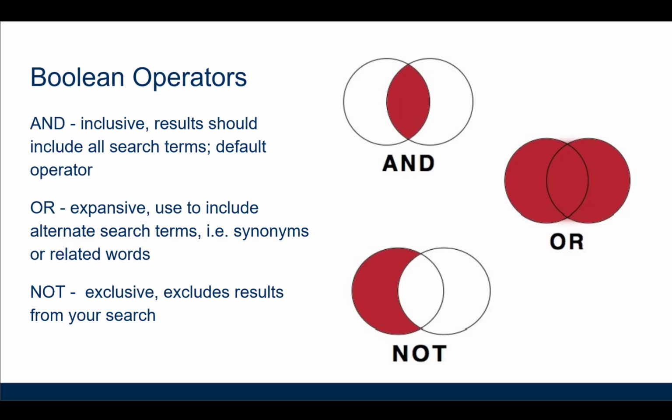So it will include results that don't necessarily include all of your search terms, but will use either of the words that are combined using the operator OR. NOT is exclusive, meaning that it is going to exclude any results with words that come after NOT. So I typically will throw this at the end of my search screen so that it excludes anything that comes after it. And it is really powerful, so use it with caution.